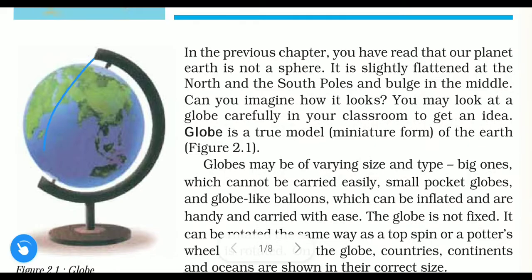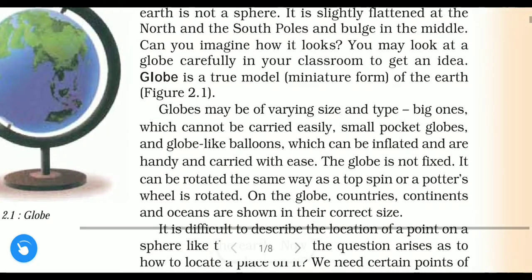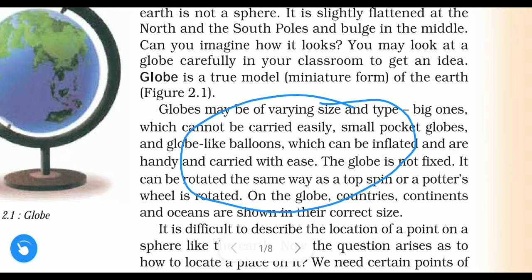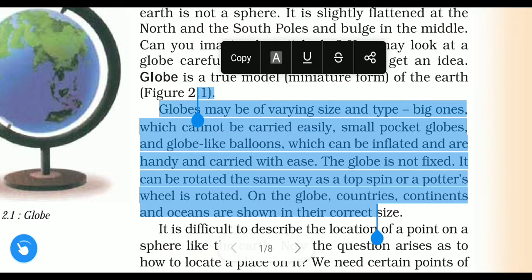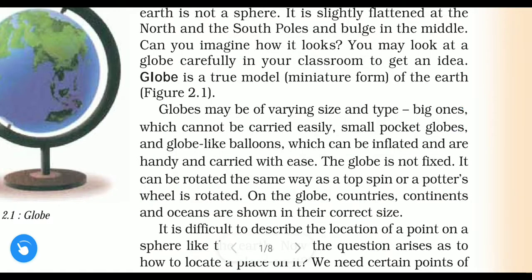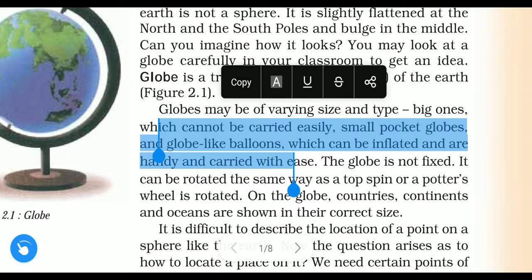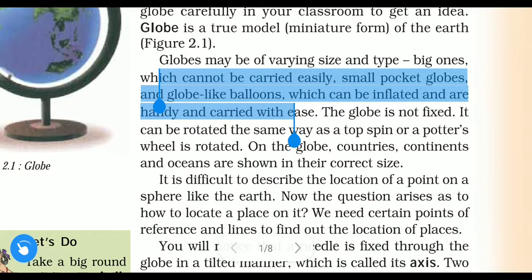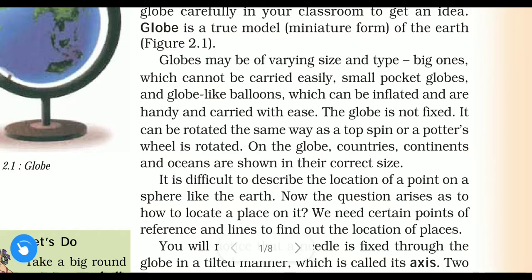See, here the globe is shown. In this passage it is given that globes have different sizes. Some globes are big, some globes are small, like small pocket globes, and some globes are like a balloon. So here it is said that globes are of different sizes.